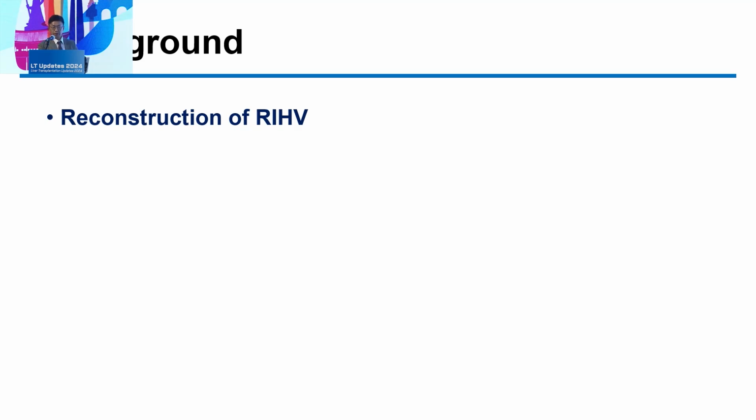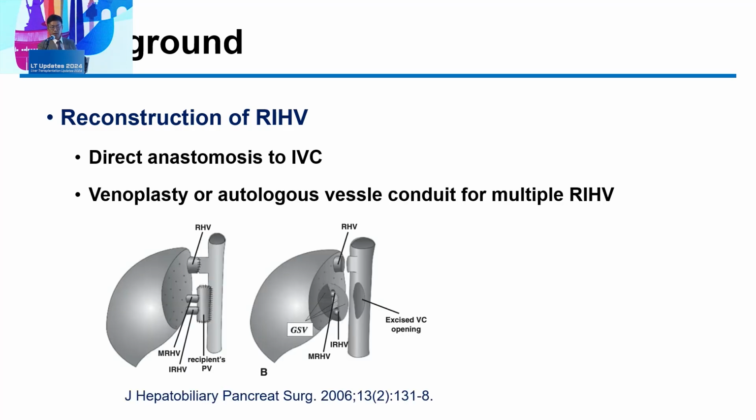Reconstruction of the right inferior hepatic vein can be done by direct anastomosis to the IVC in most cases, but especially for multiple right inferior hepatic veins, we can use venoplasty, autologous graft, or sometimes an artificial vessel conduit to make the anastomosis easier and the patency better.